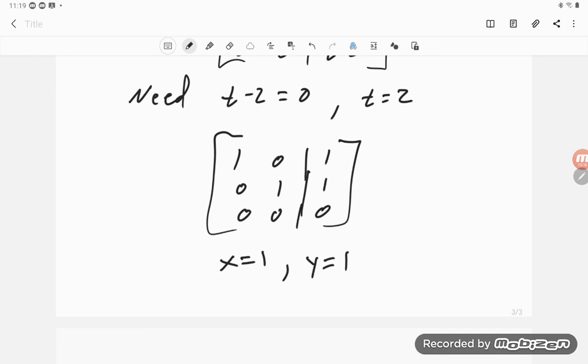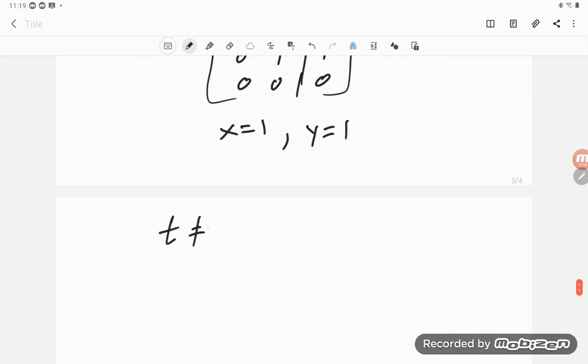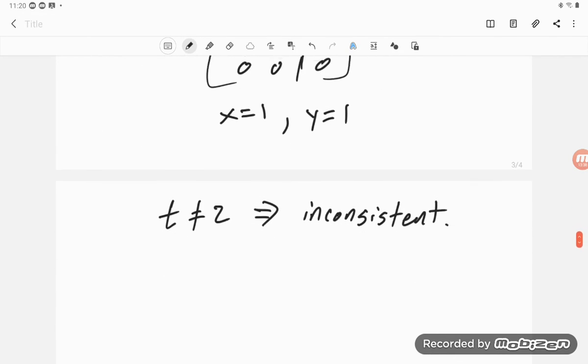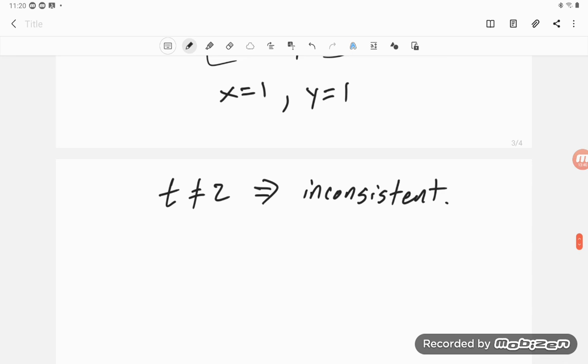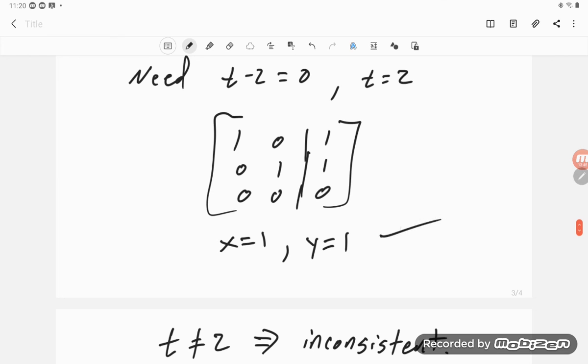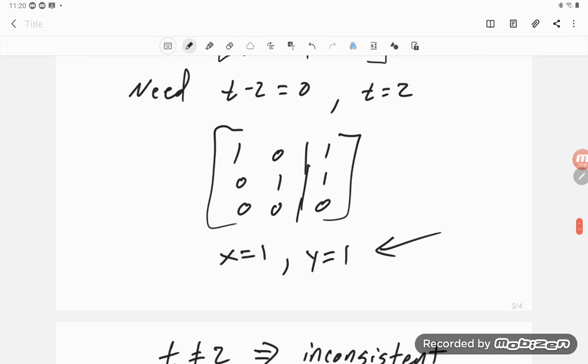And we have a consistent system. But t not equal to 2 implies inconsistent. Okay, so I got a little scared back here, but no, it was correct. They were fine. And we see that we need t equal 2 to get a solution. And if t is not equal to 2, we have no solution. It's inconsistent.